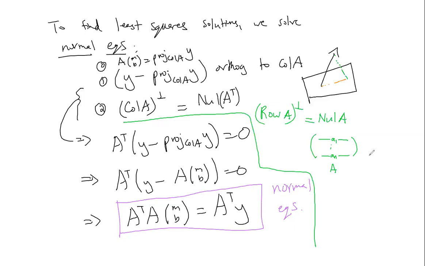And so how do you take the dot product with each row? Well, what happens if I multiply A by a vector x? The first entry is exactly the dot product of A1 with x. And so this equals 0 if x is in the orthogonal complement of the row space of A. But this is just the definition of x being in the null space.